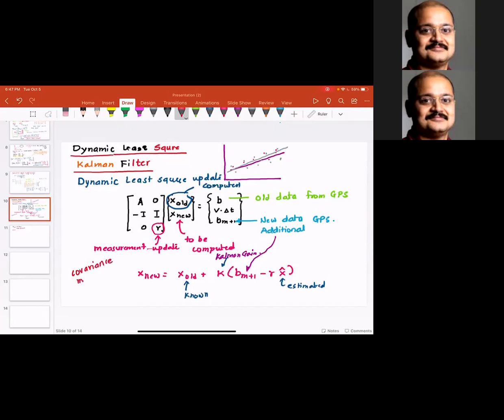So you have the measurement covariance, and then you have the system noise. Let me explain what that means. The new measurements that are coming in, do they have some mathematical, some statistical relationship with the old measurements?